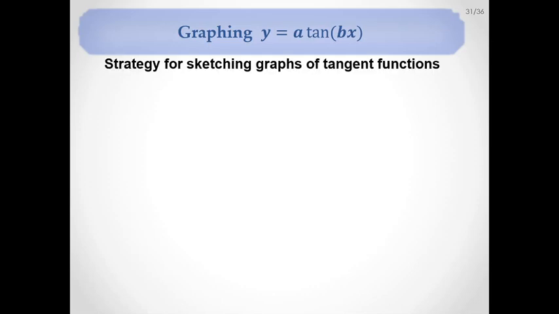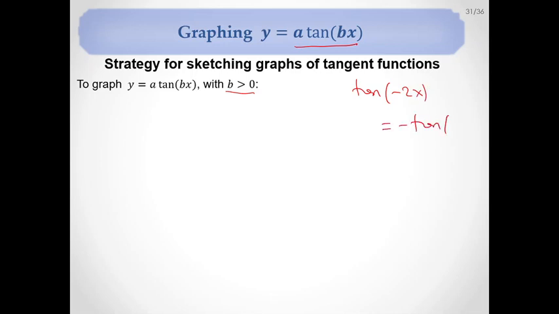Now let's see how to graph this type of function, a tangent bx. Here is a strategy. Again, we will take positive b values, because when I say tangent negative 2x, it will be minus tangent 2x because of the oddness of the tangent function. So in any case, we will have a positive number here.